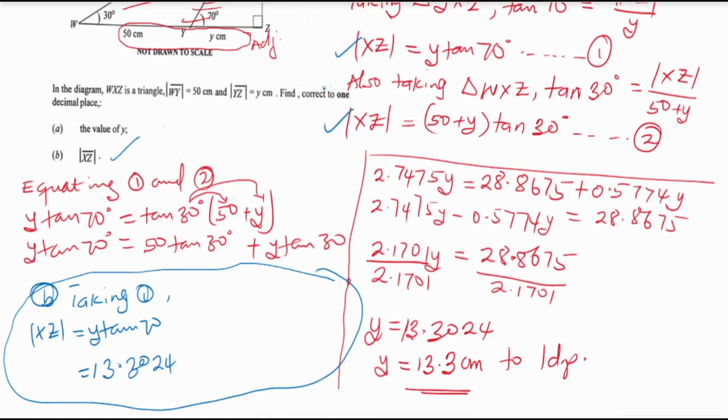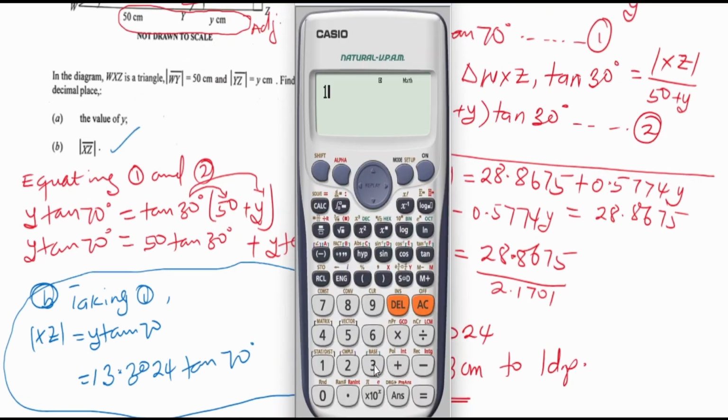13.3024, and I'm using this again for the sake of approximations, but you can still use 13.3 anyway. It is better to use more decimal places. Times tan 70 degrees, and let's check that on the calculator. 13.3024 tan 70 gives us 36.5480.